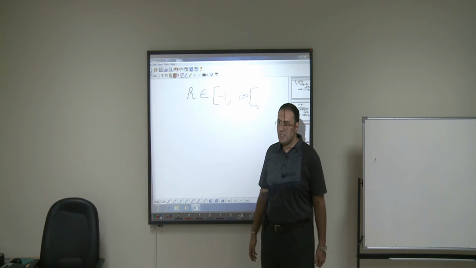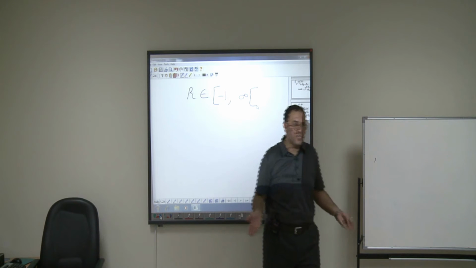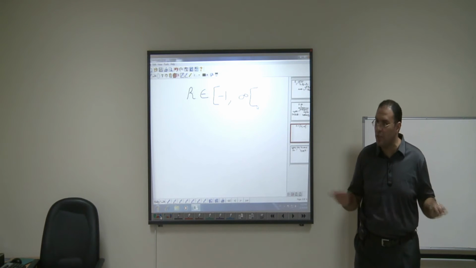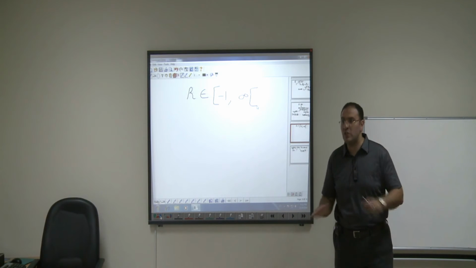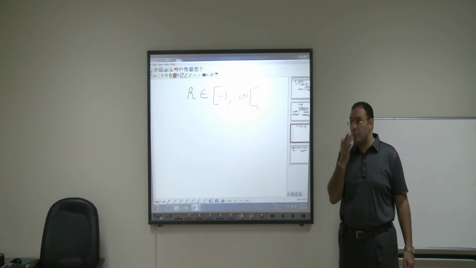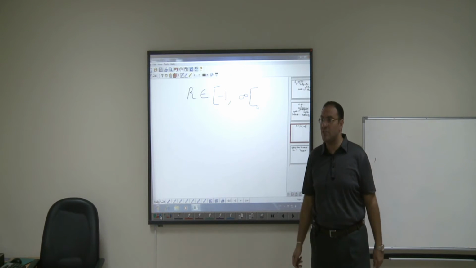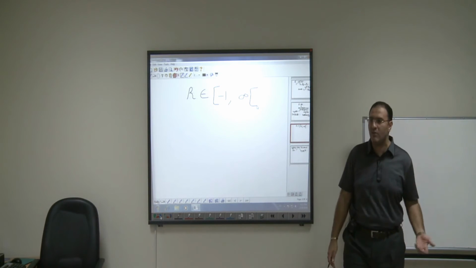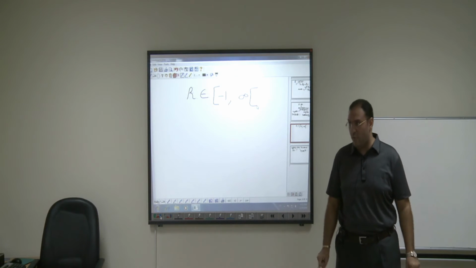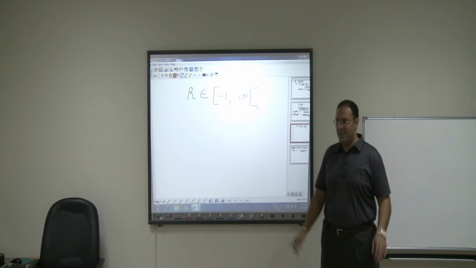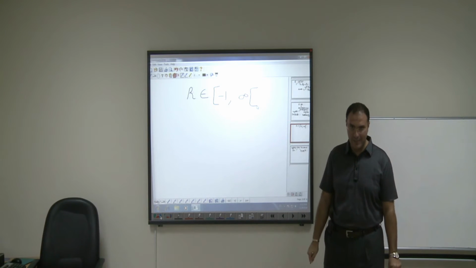You see what I'm driving at? The lowest possibility for R is -1 because the most you can lose is 100%, i.e. -1. But the most you can gain is infinity. It's unbounded.